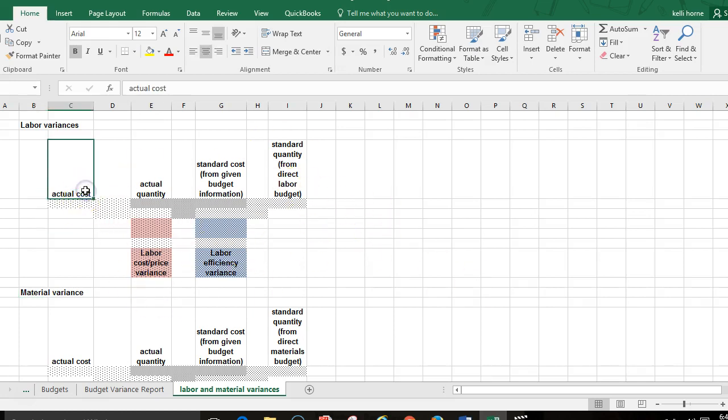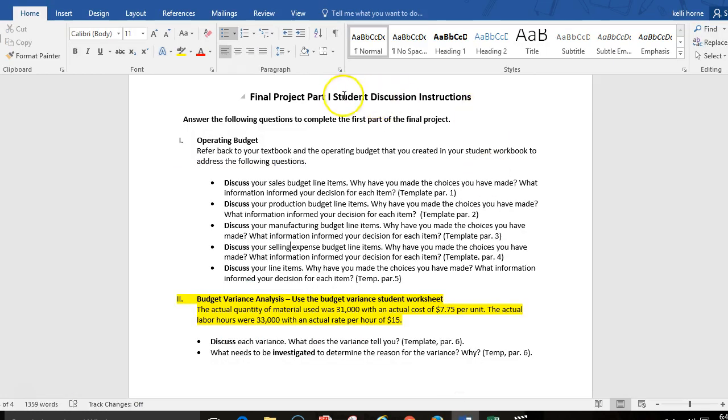If we look here and we want our actual cost, well, we are given that information in our instructions. So if I go back to our student discussion instructions, and I go down here to the budget variance analysis section, I will see that here it tells me the material, and here it tells me the labor.